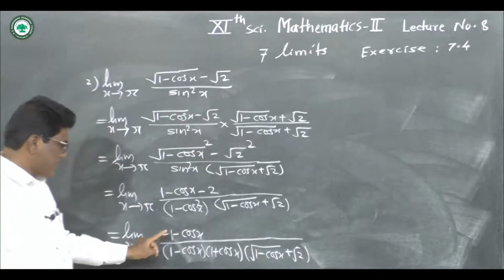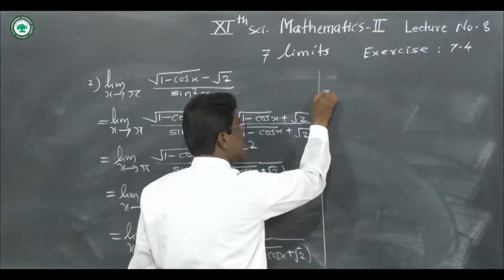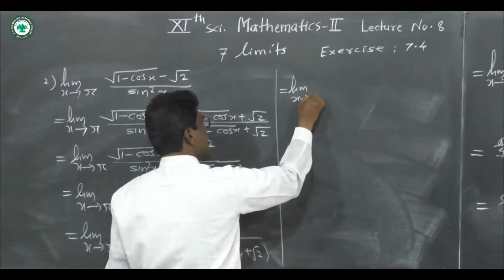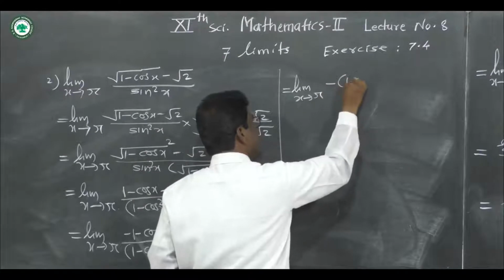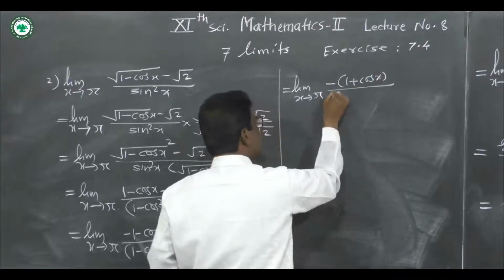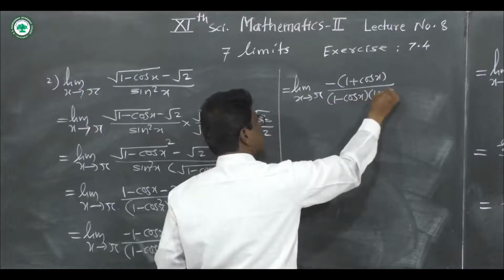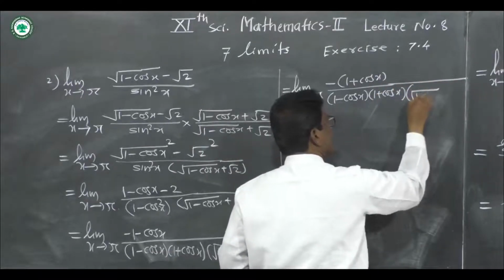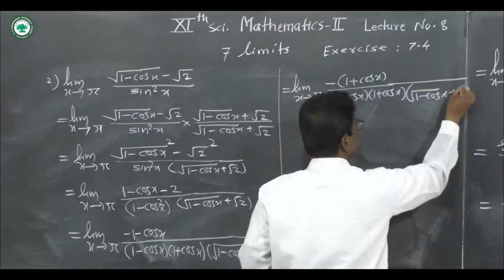Now we take the minus sign common in the numerator, and therefore we get limit as x tends to pi, minus sign common in the bracket, 1 plus cos x, divided by 1 minus cos x into 1 plus cos x, into, in round bracket, root of 1 minus cos x plus root 2.